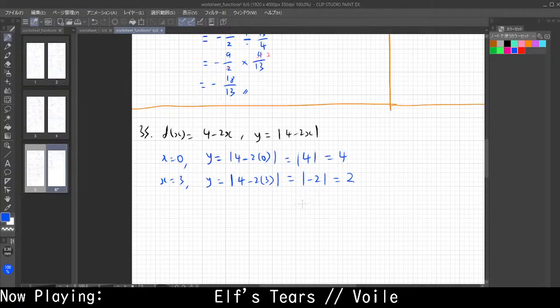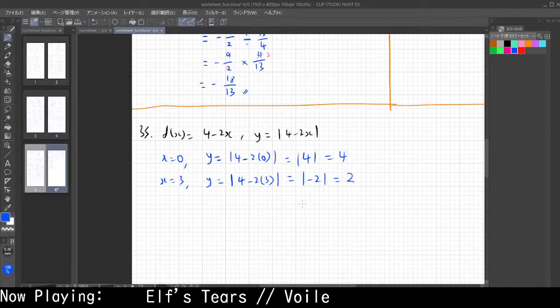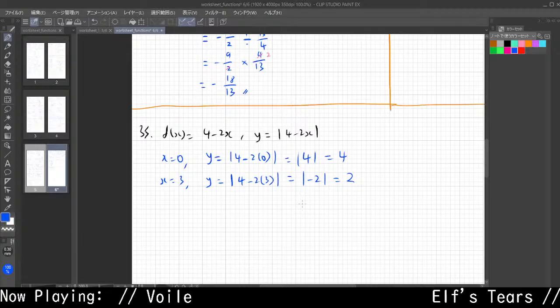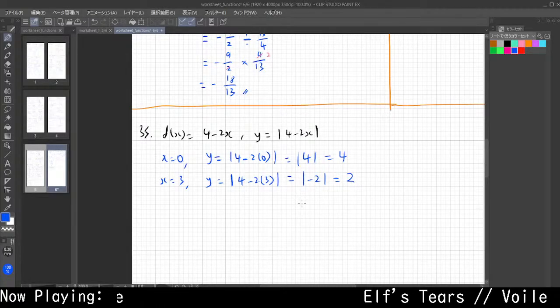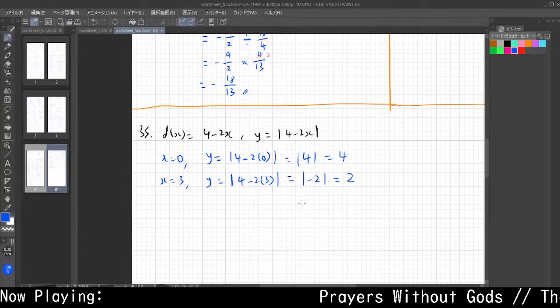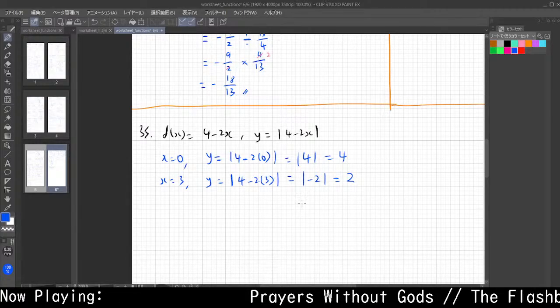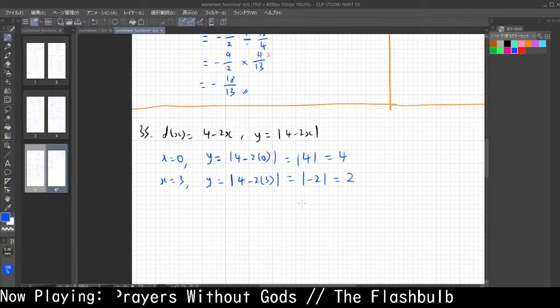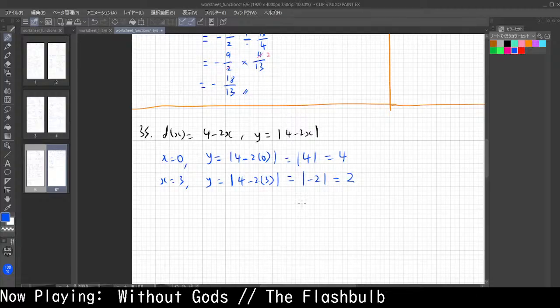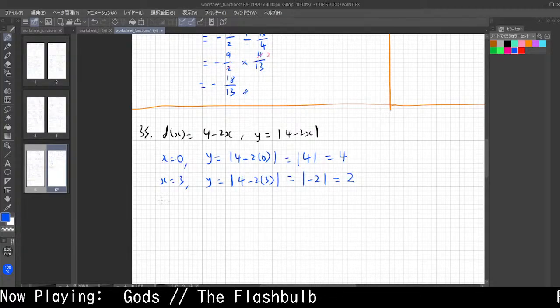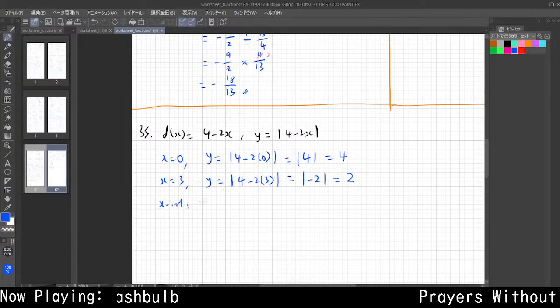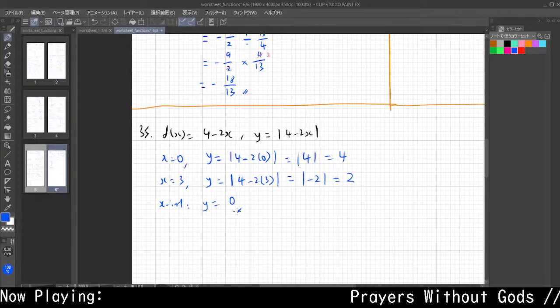And then because it is a V-shaped graph, it will hit the x-axis, so you will also need the x-intercept. For the x-intercept, y equals 0.